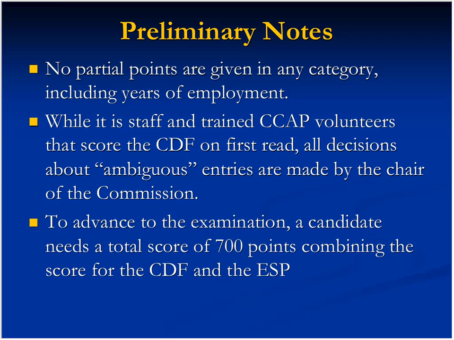This is an important point to especially be aware of: to advance to the examination, the candidate needs a total score of 700 points, combining the score for the candidate data form and the executive skills portfolio. The candidate data form itself has a value up to 500 points.